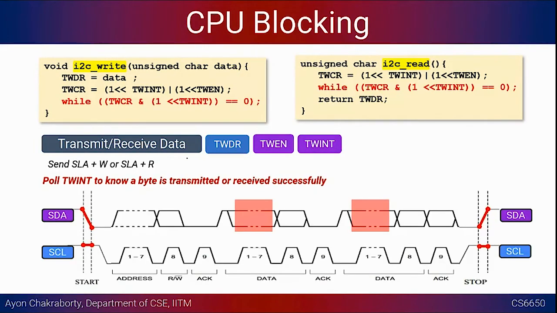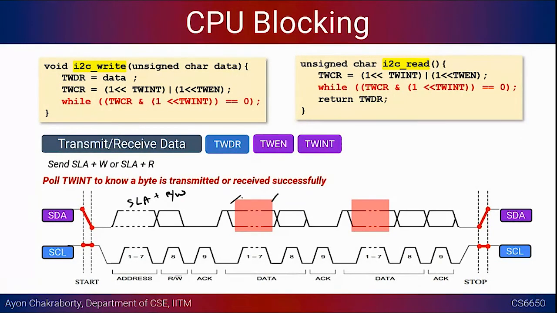If you look at this entire timeline, when you send the SLA+RW request, and after that, whenever you send a request for sending data out, you need to wait. After this amount of time only the interrupt will be cleared, and then only can you go and fetch the next data and write that data to the memory and so on.